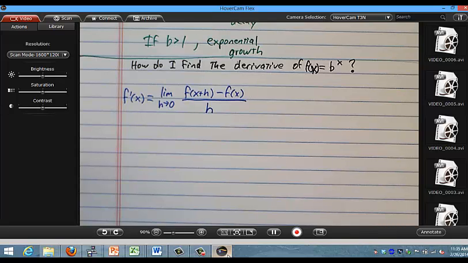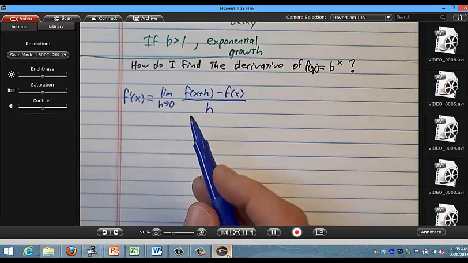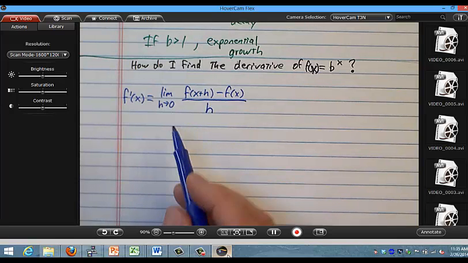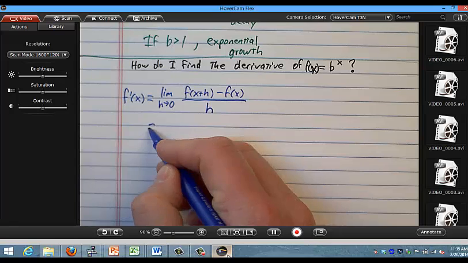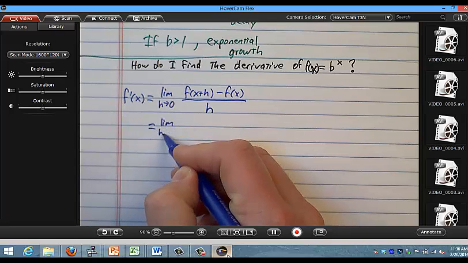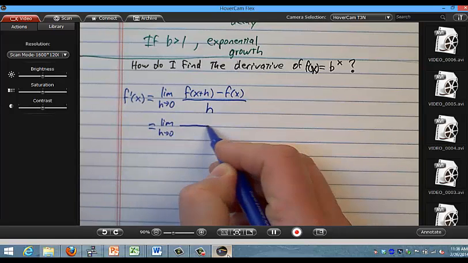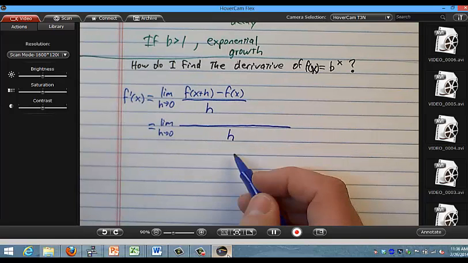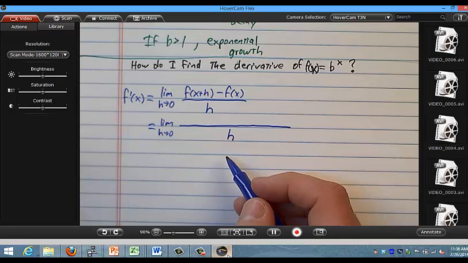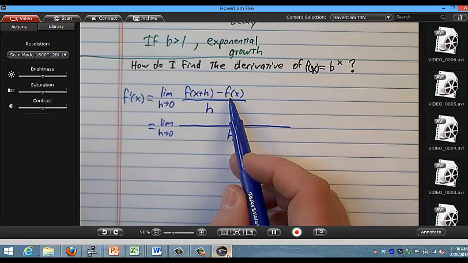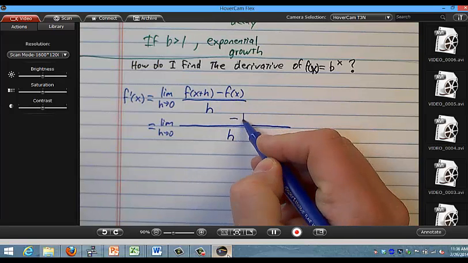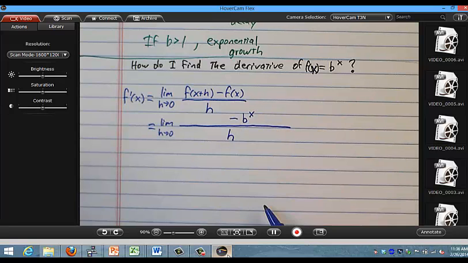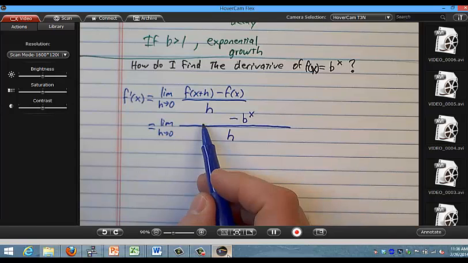And I told you guys that if you want to use this formula, what you do is you fill things in. I always write down the denominator. And remember what I said I fill in next? That f of x. What is that for us? B to the x power. Is this okay? And what's this over here?